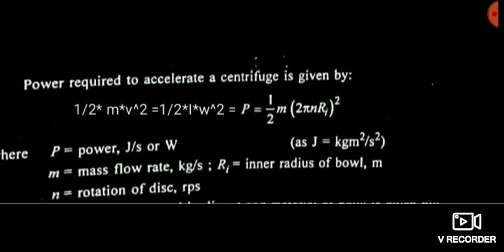And in the second case, I have written 1 by 2 into I omega square. Friends, here I is the moment of inertia. I think all of you have studied in your engineering mechanics about the moment of inertia of different bodies. So I is the moment of inertia, and omega is the angular velocity.